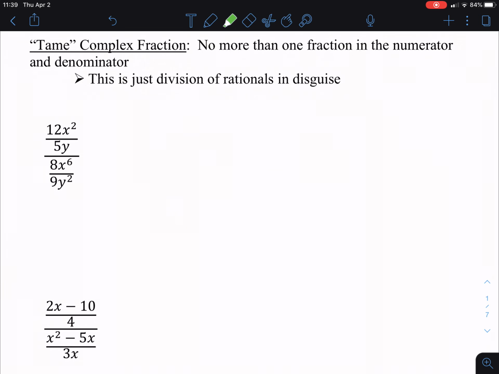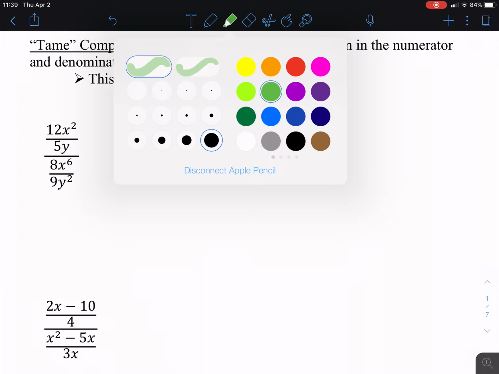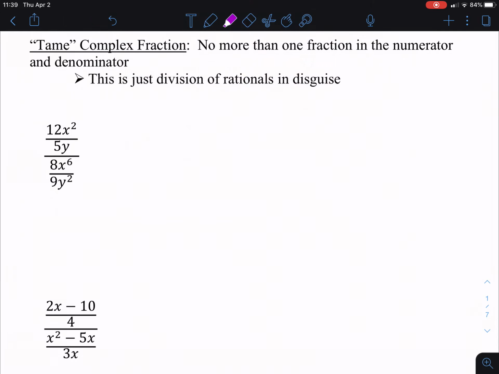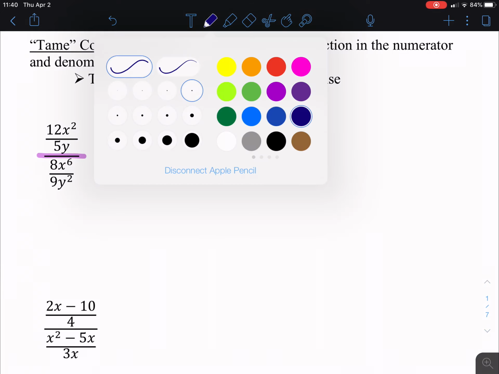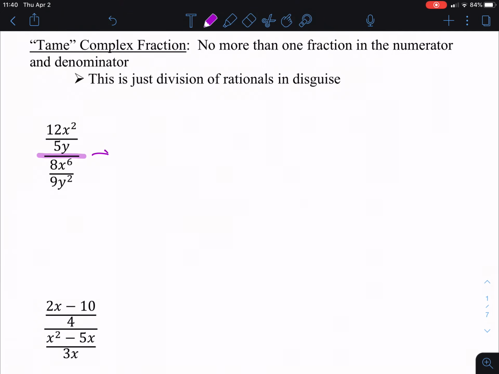So in this first one, I have in my numerator 12x squared over 5y. And then in my denominator, I've got 8x to the 6th over 9y squared. Here is the key to keep in mind here. This line of my complex fraction, all that line means is division.